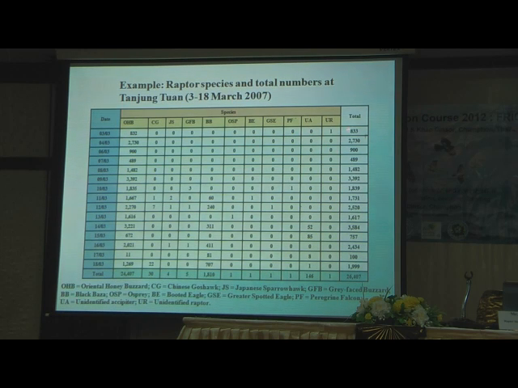And at the column here, the total raptors for the whole day, all the species. And then at the bottom row, the total for each species. So for Oriental honey buzzard from 3rd to 18 March, 24,000.